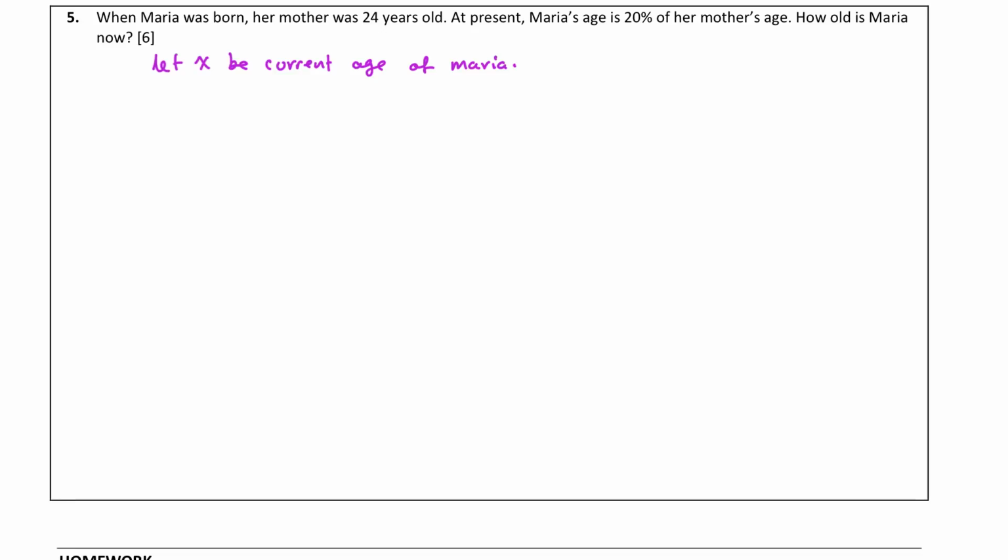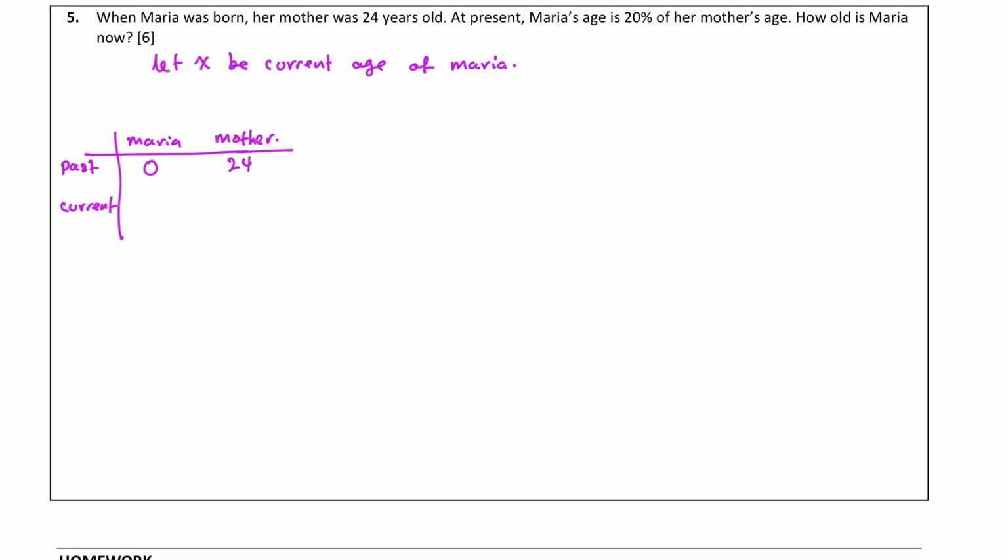Again, it'll be useful to make a table of this, time past and current, Maria and mother. So when Maria started, we're going to assume that she had an age of 0, and her mother was 24.